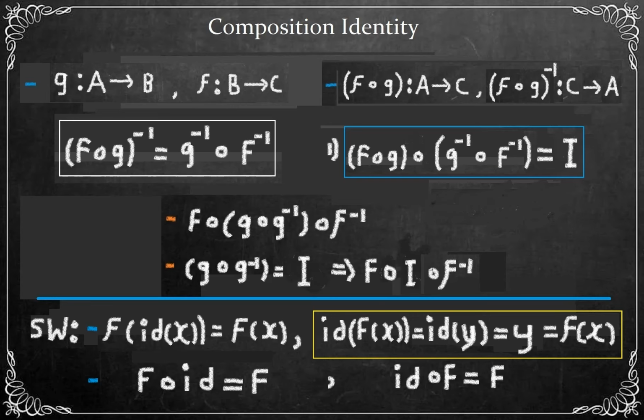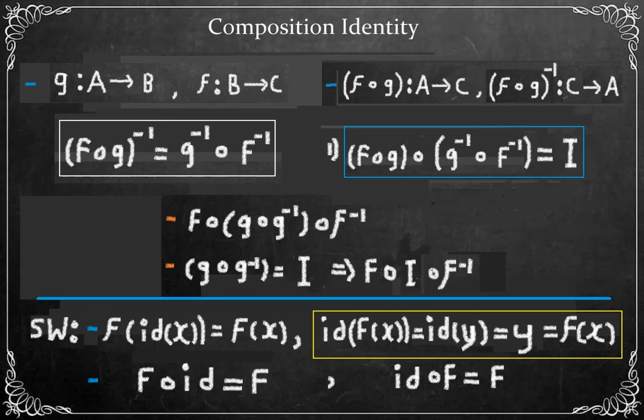For example, the identity composed with y just equals y for any input y. Just consider the composition identity of f of x, so the input to the identity function is the output of f of x, which we can call y. Therefore, we have the yellow box, read as identity of f of x equals identity of y, which equals y, or equals f of x.